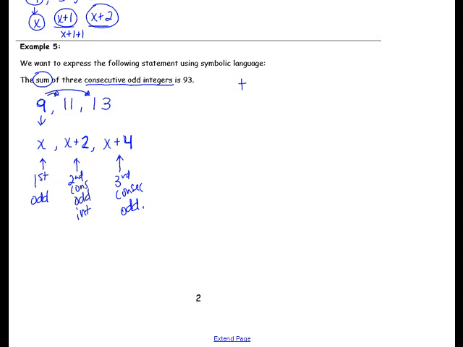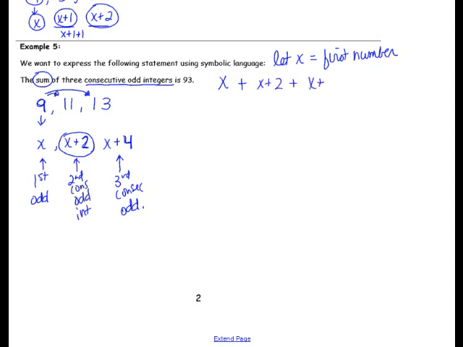We need to express or define our variable. Let x equal the first number. So the first number is x. The second number is x plus 2.